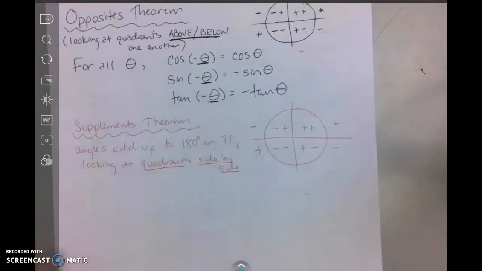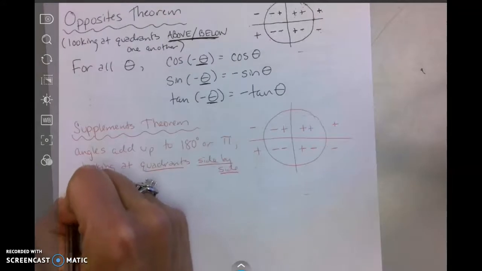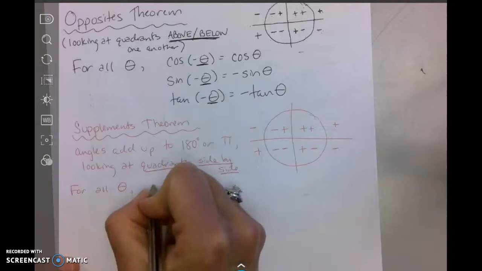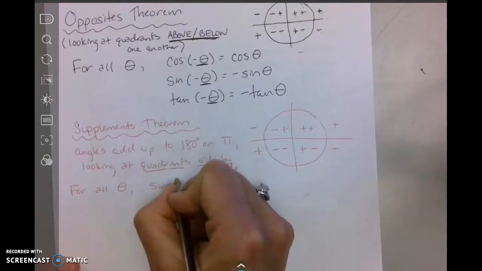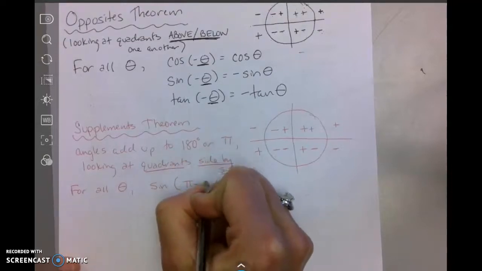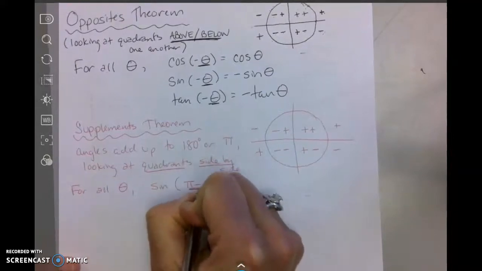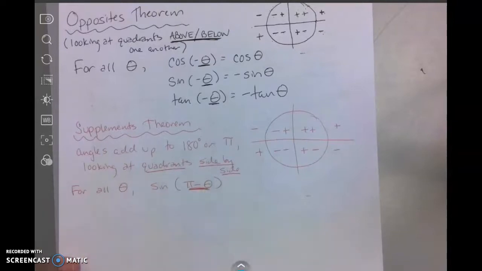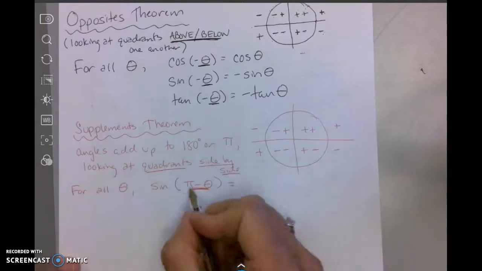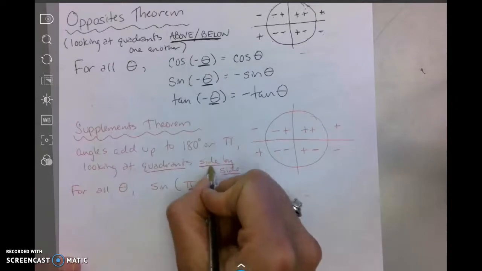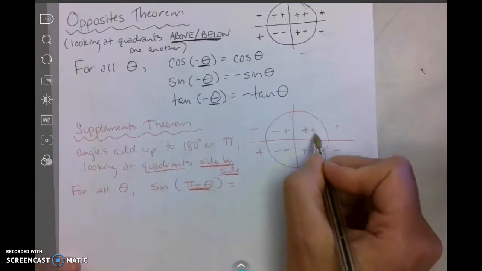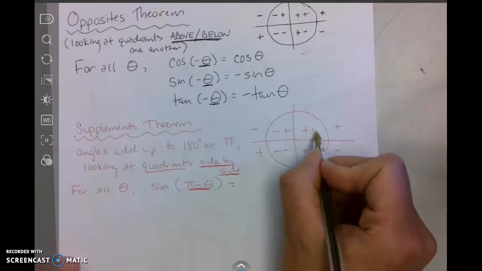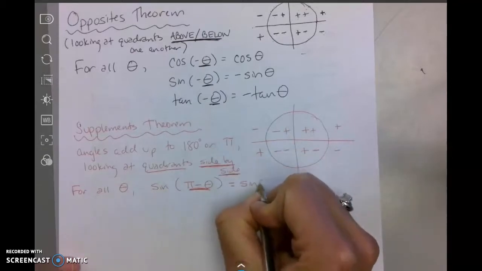So when I'm looking at quadrants side by side for all theta, the sine of pi minus theta, 180 minus the one angle gives me the supplement. So let's look at sine in side by side quadrants. Sine is the y coordinate, and side by side quadrants it stays the same.